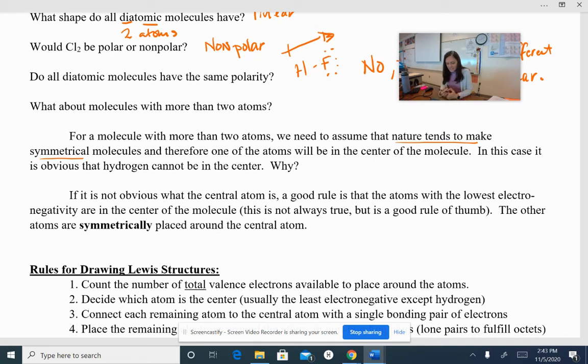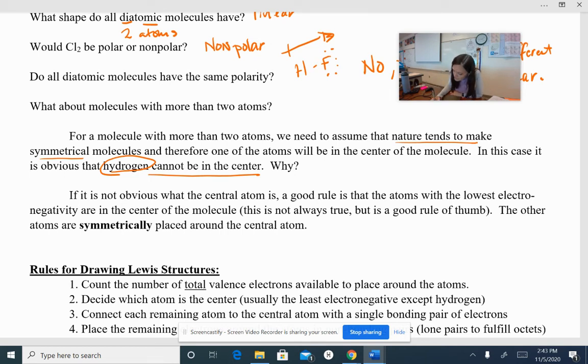In this case, it's obvious that hydrogen cannot be the center. Why? Think about it for a second. How many electrons can hydrogen have? 2 total. That's it. So if it's in the center, it's going to have to make 2 bonds, which means it has to have 4 electrons total. Can hydrogen do that?